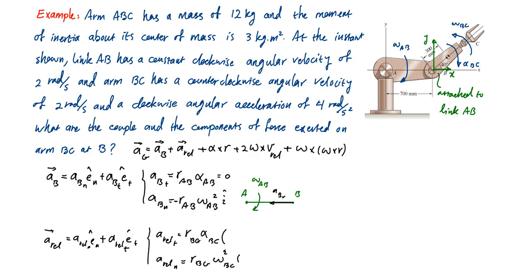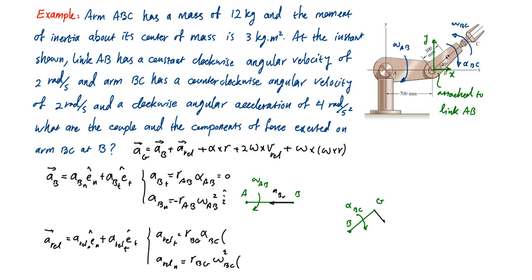Now, looking at the directions, let me start with tangent. Okay, for tangent, if I draw it, let's say there, this is B, this is G, and this is the direction of alpha, right? This is alpha BC. So if that's the direction and that's R, it's perpendicular to R, that would be in this direction.